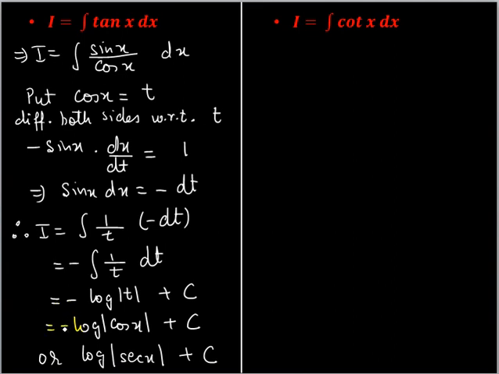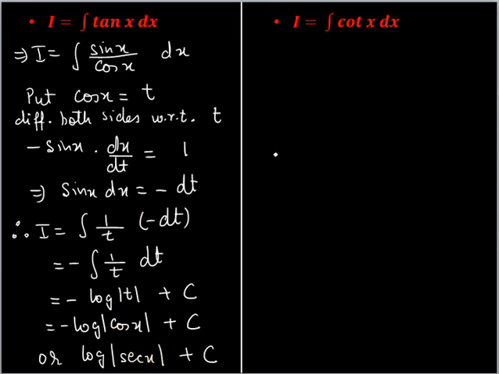How can you get rid of this minus sign? cos x can be written as 1 over sec x. Then using the formula for log m over n, you will be able to write it as log 1 minus log sec x, and log 1 will be 0. So you are left with minus log sec x, and already there is a minus sign. So it reduces to simply log sec x.